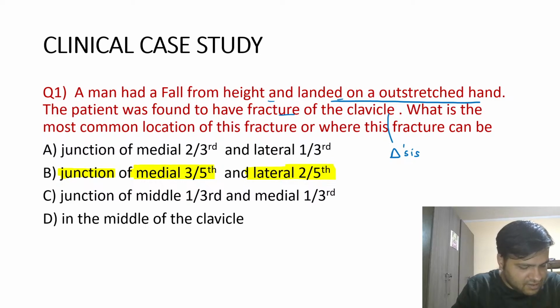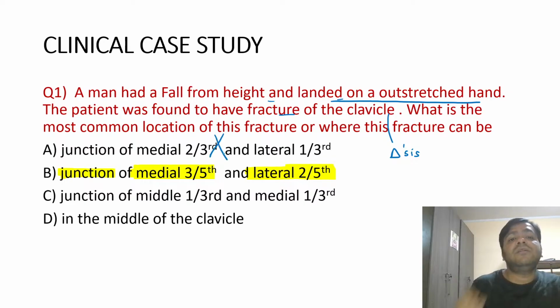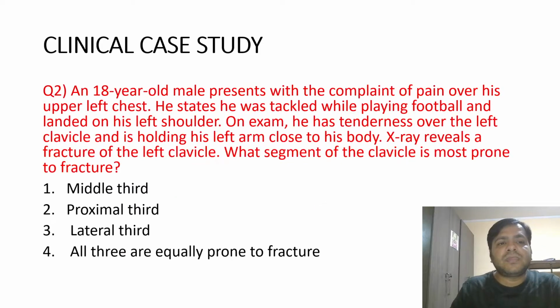Shiv, very good. Chaitanya, Sai Krishna, very good. It is the junction of medial 3/5 and lateral 2/5. Now the answer would not be this, because it was outdated information. The update has already been in Gray's Anatomy, so you have to follow the update as well. Second question. Again, this I have already discussed. A 18-year-old male presents with the complaint of pain, right?